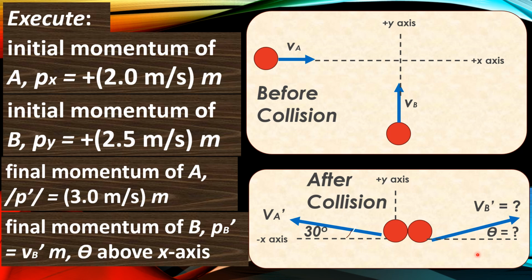And its direction, as shown in this diagram, is described by the angle theta. So both the speed of particle B after collision and the angle of deflection theta are our target variables.